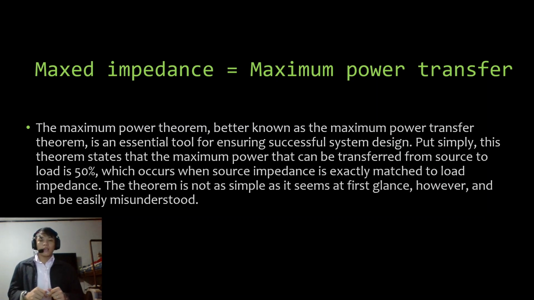Put simply, this theorem states that the maximum power that can be transferred from source to load is 50%, which occurs when the source impedance is exactly matched to the load impedance. The theorem is not as simple as it seems at first glance. However, it can be easily misunderstood.